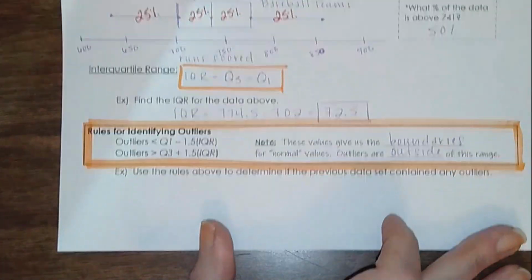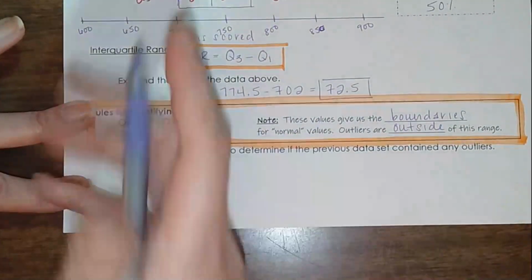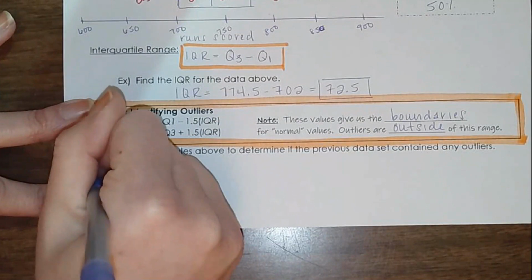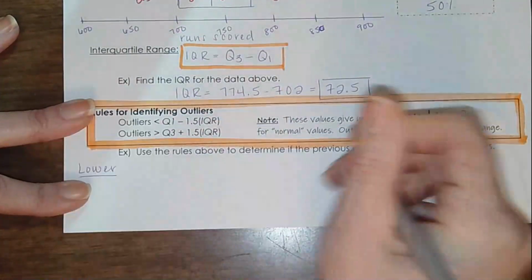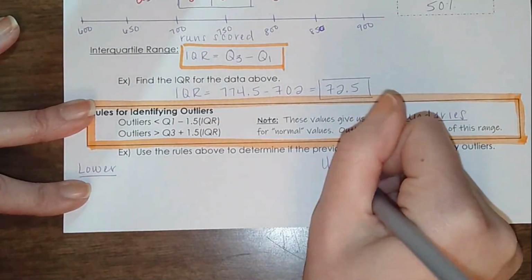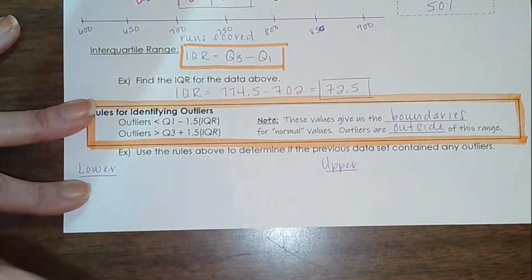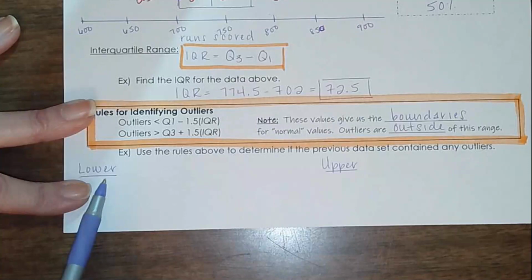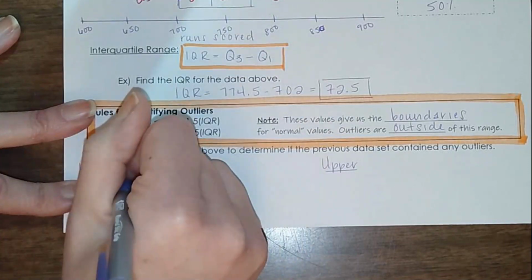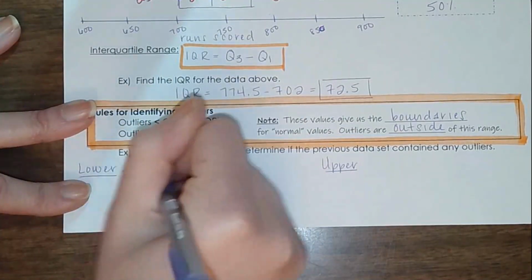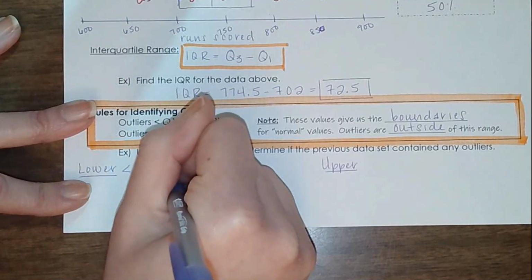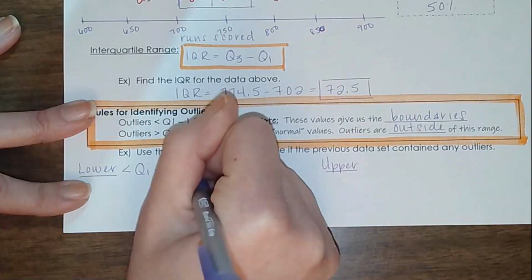Okay, so as I mentioned, there's two outlier formulas. There's one for the lower end, and there's one for the upper end or the upper direction. Let's rewrite the formulas so we get used to them. Outliers in the lower direction are less than quartile 1 minus 1.5 times the IQR.